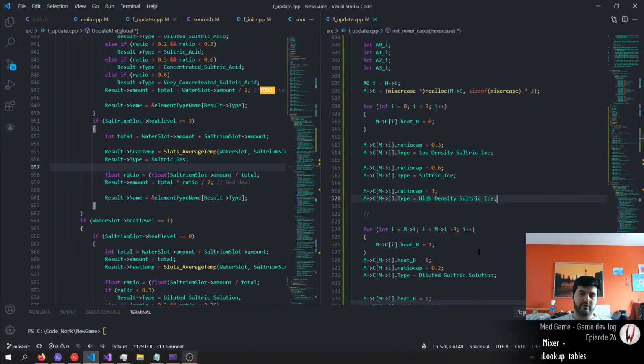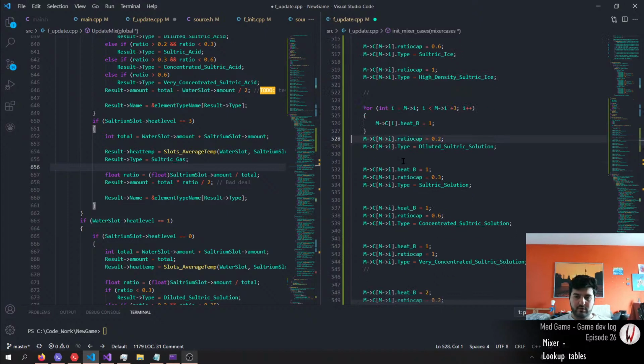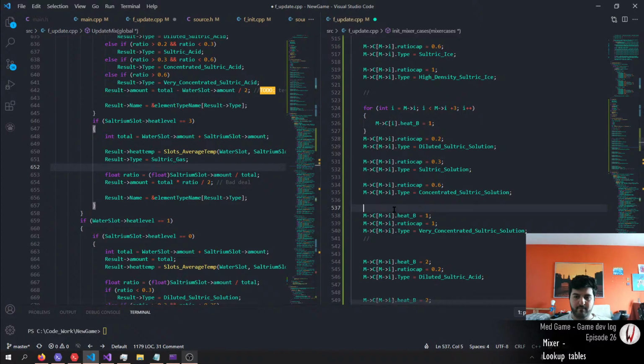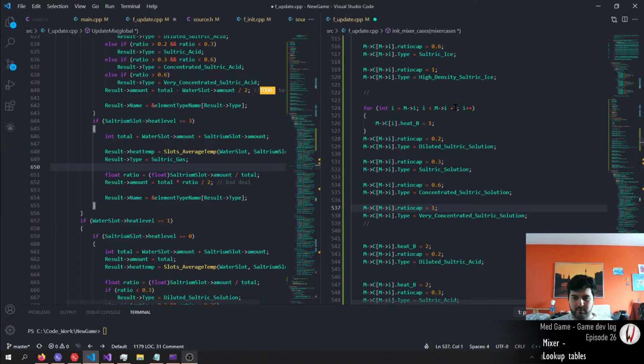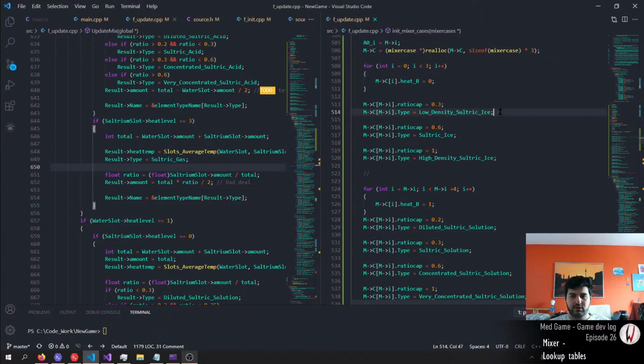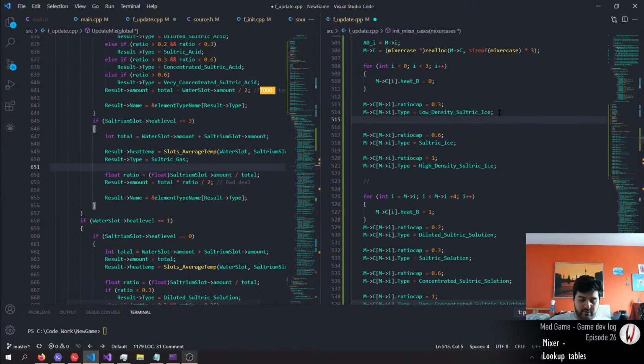Here b is 1. Take away the b's. Here I add 4. 2, 3, 4. Actually, every one of those I need to increment this baby.